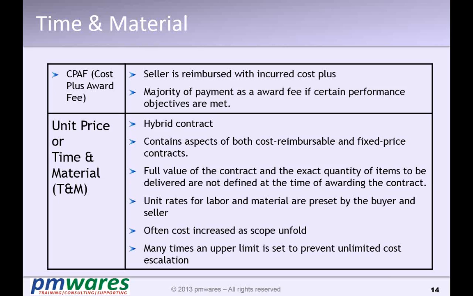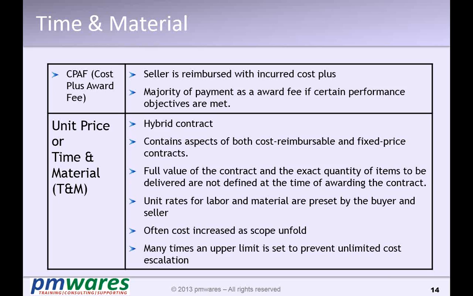Now, the third type of this is a hybrid contract, which has a flavor of cost reimbursement as well as fixed price. How? We say unit price or time and material. In time and material, the price is fixed, but how much it will be utilized is not fixed.